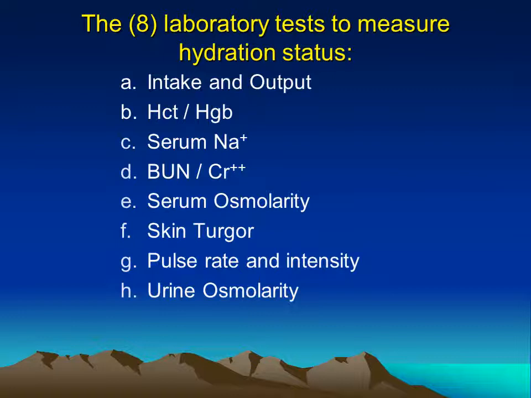So that gives us the 3-to-1 relationship. Serum sodium is usually 138 to 142. Normal creatinine for the next one is 0.8 to 1.2. And the BUN, usually it's 20 times. Again, a 20-to-1 relationship. Serum osmolarity, skin turgor.